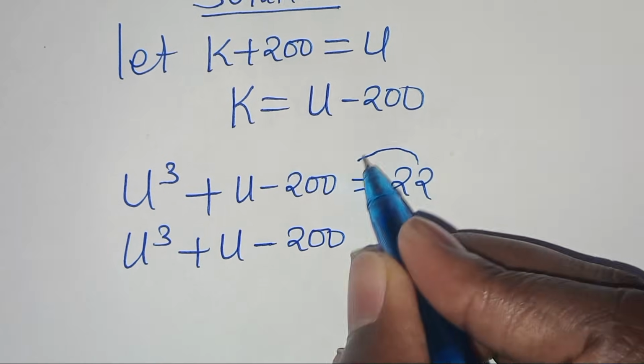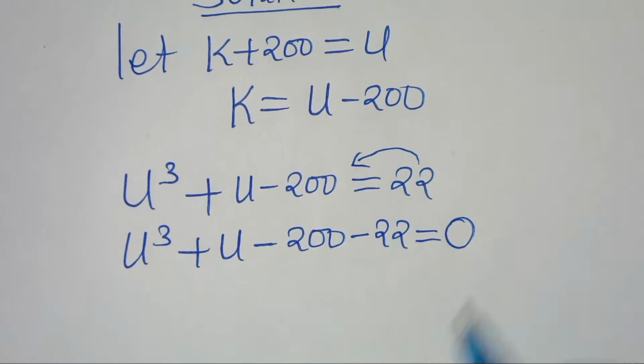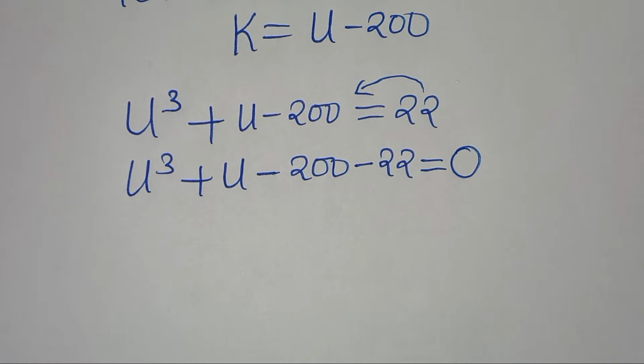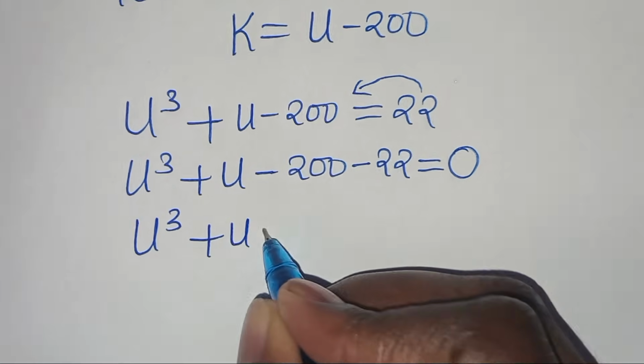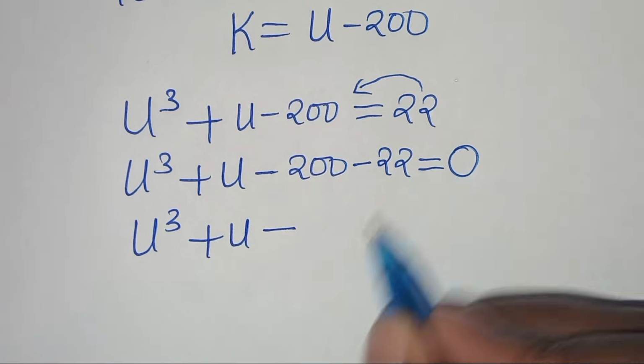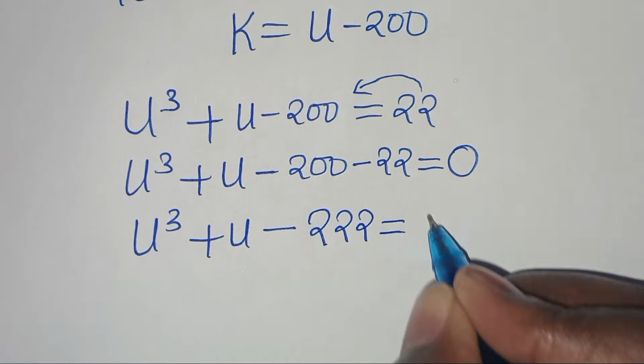Now this is u to the power of 3 plus u minus 200. Let's take 22 to the left-hand side, minus 22, equal to 0. So this is u to the power of 3 plus u minus 200 minus 22, which is minus 222, equal to 0.